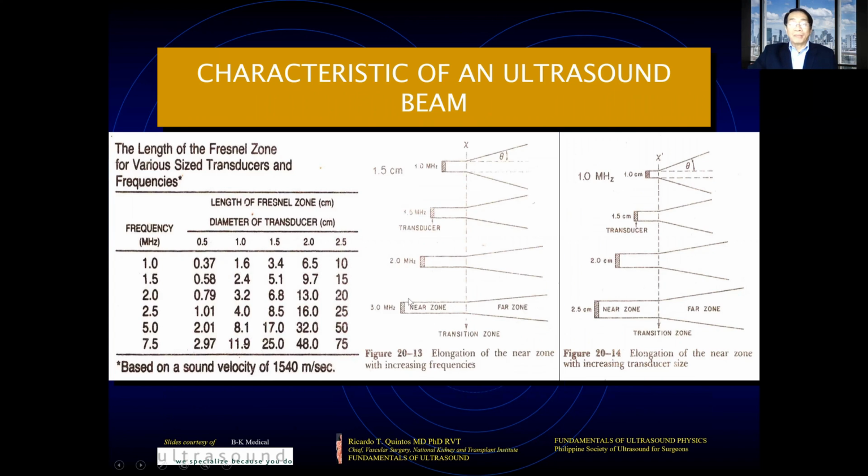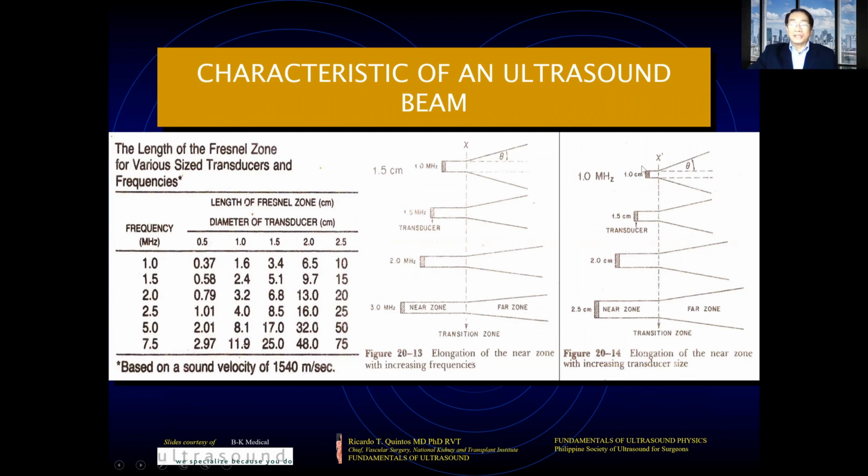So the second variable is the size of the transducer. The near zone is elongated if the transducer is increased in size.